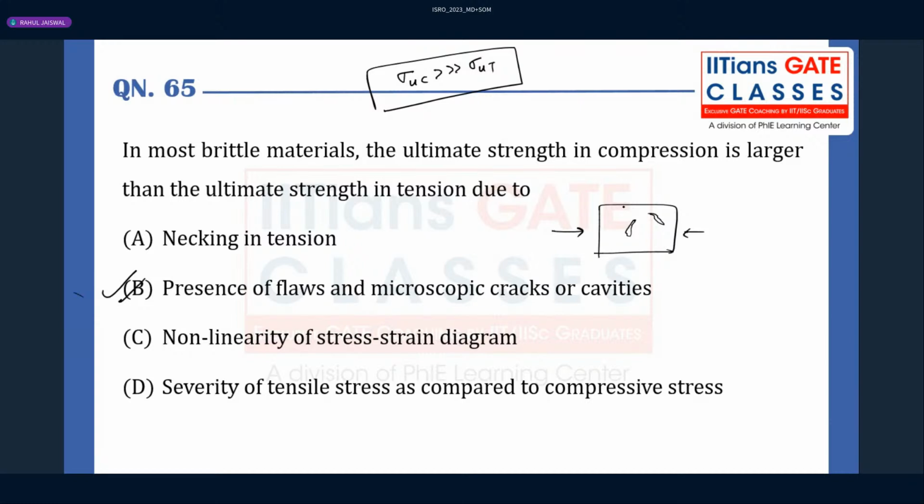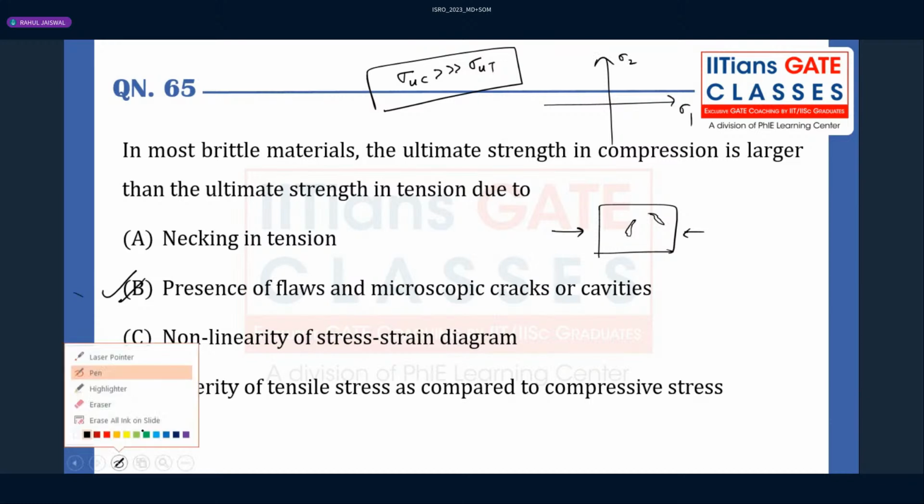As far as brittle material is concerned, the ultimate compressive strength is larger than the ultimate tensile strength. I talked about the same thing in Rankine's theory in our previous session of ISRO. That's why we have an unsymmetrical plot when we plot sigma 2 and sigma 1. That's why each and every discussion is very, very important.